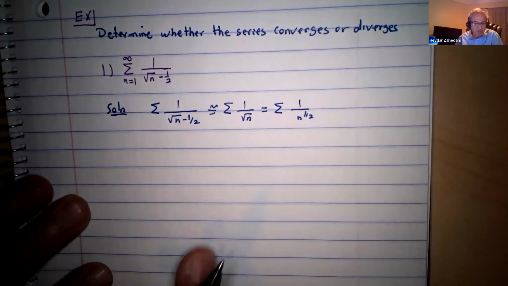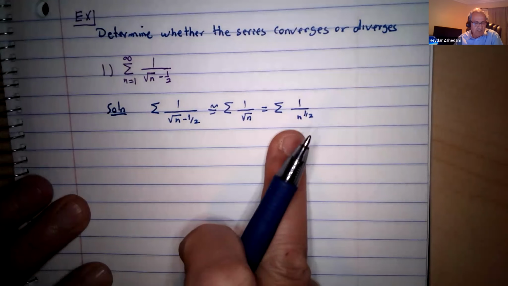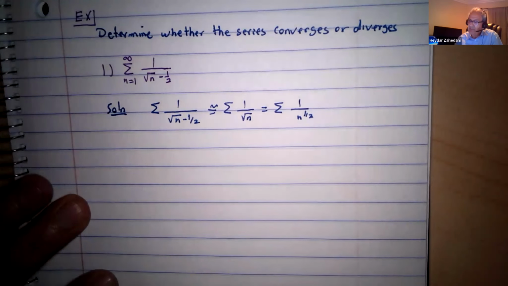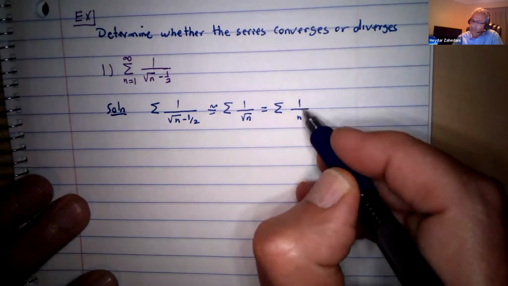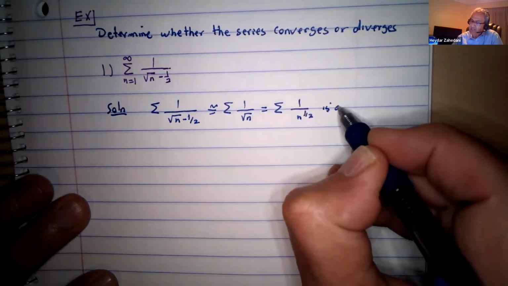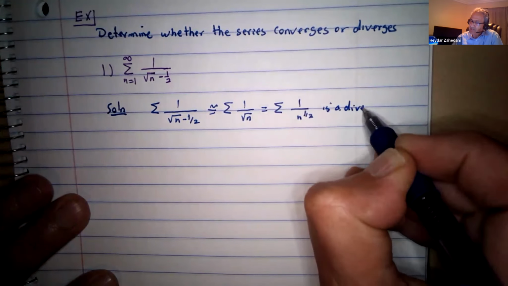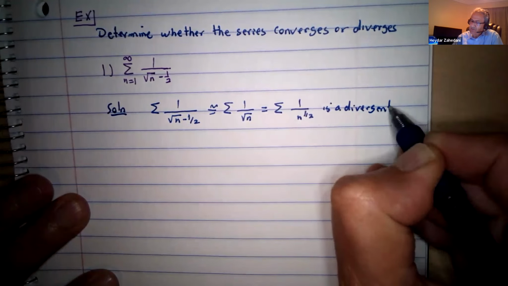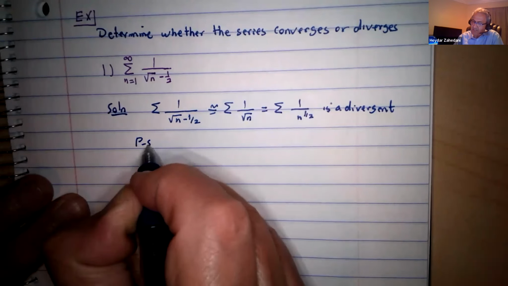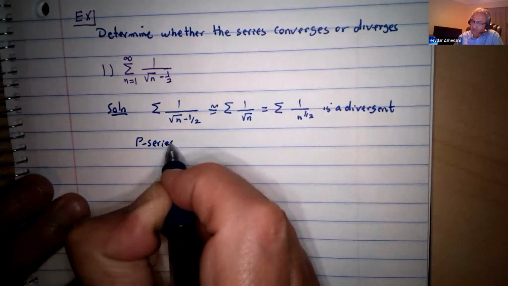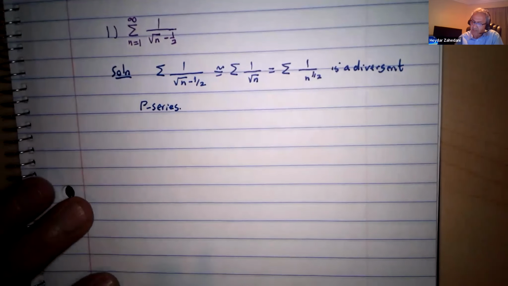You know that this is a divergent p-series. So what you're going to do, you have to use the limit comparison test to compare it.